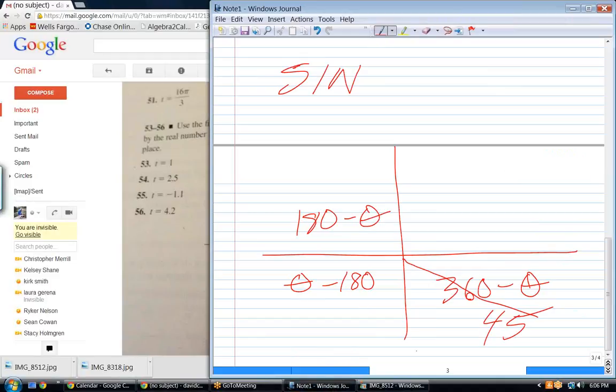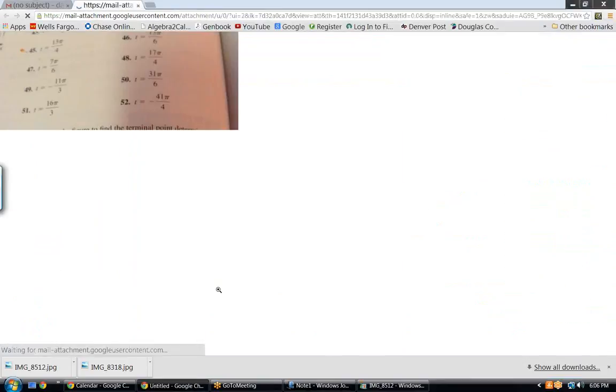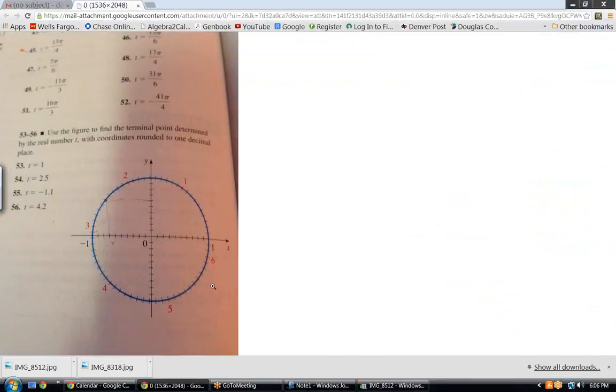Hold on a moment. So this point right here, isn't that 1 divided by 2 pi? I haven't, just a second, I'm trying to get my logic here.